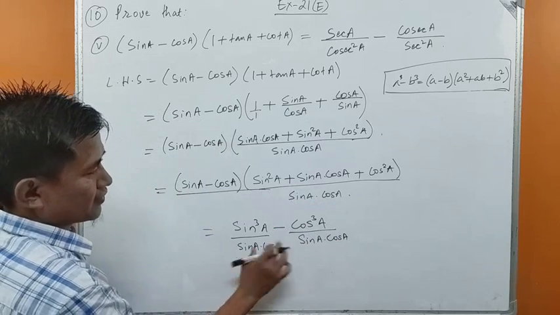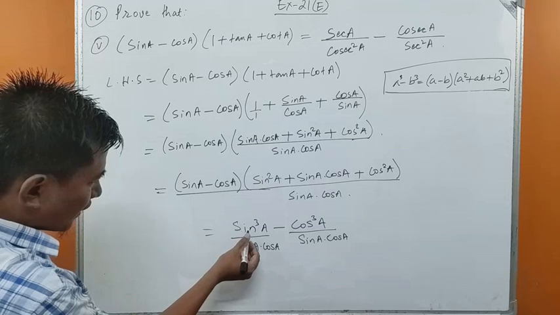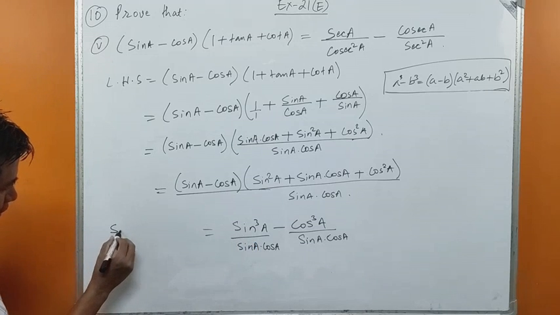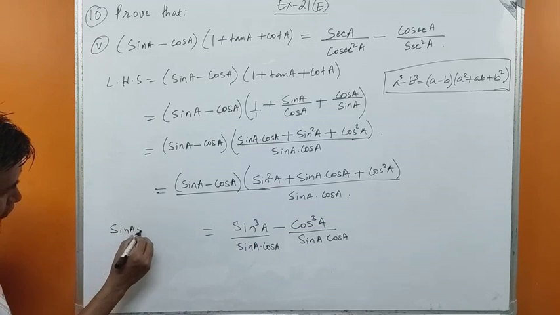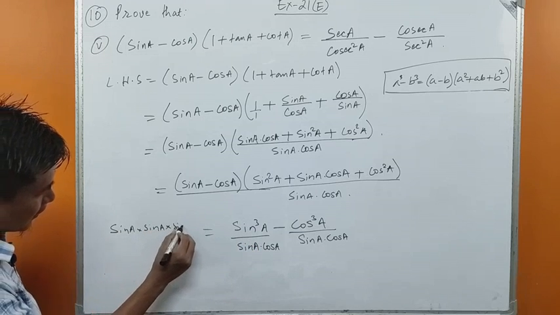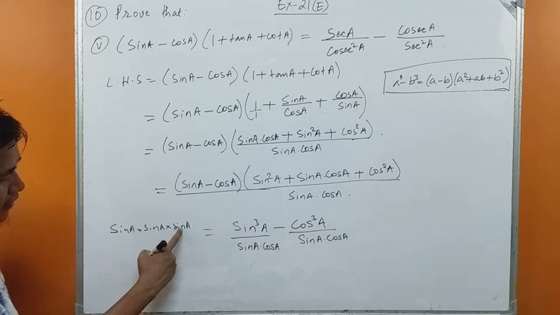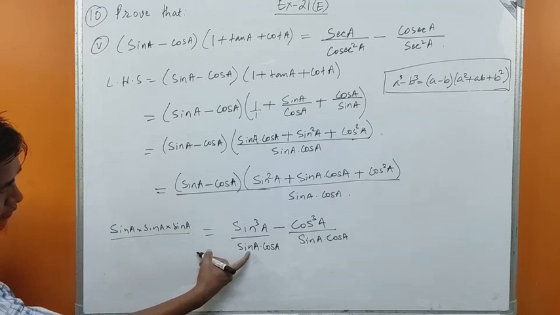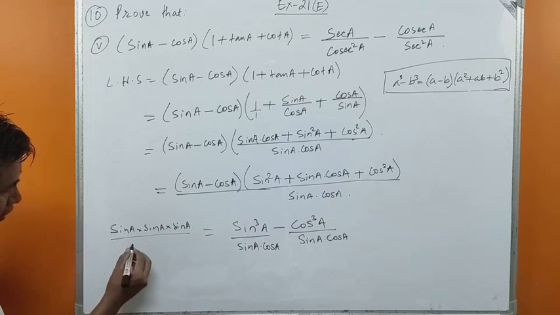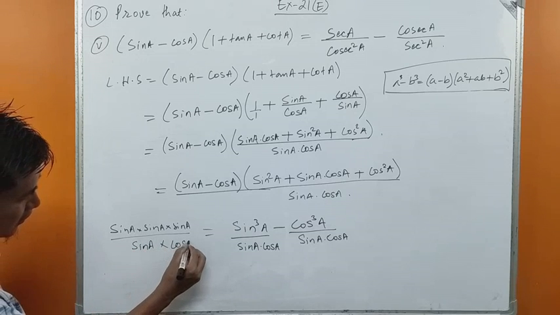So here we have sin A multiplied 3 times, sin A into sin A into sin A. Sin cube A means sin A into sin A into sin A, and in the denominator we have sin A into cos A.